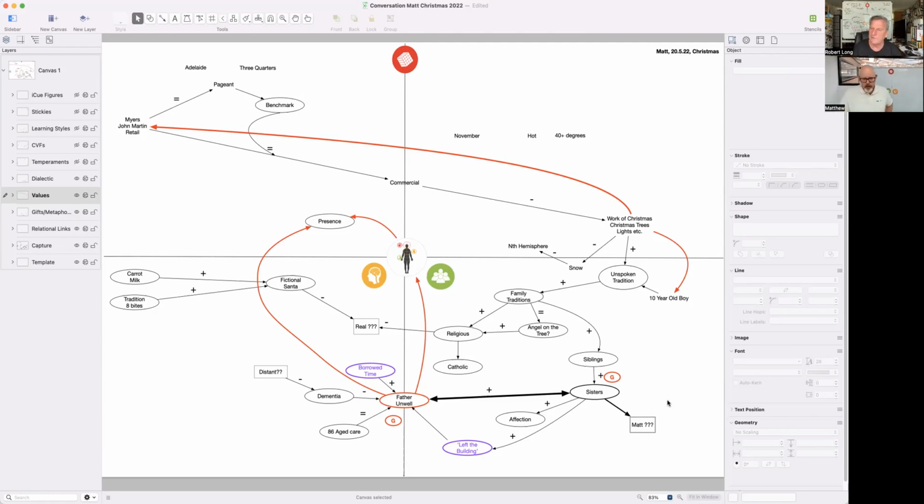Now, if you want to change that, we can. But here's the point. In the ICue engagement process, and this is the open subjectivity of the process, we acknowledge that subjectivity is part of the process.